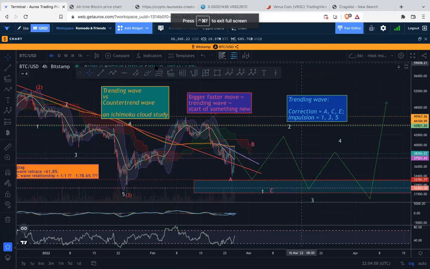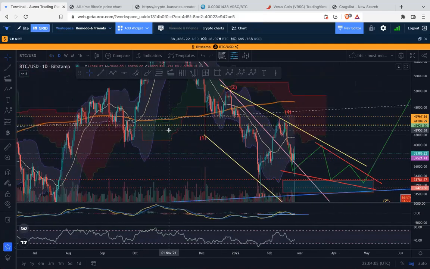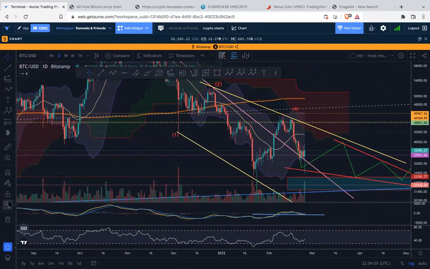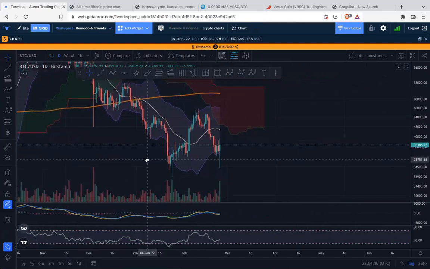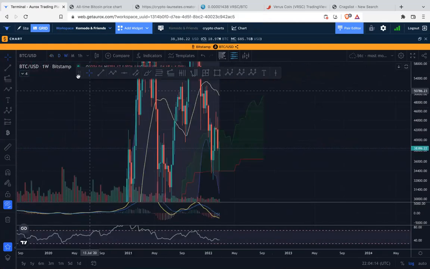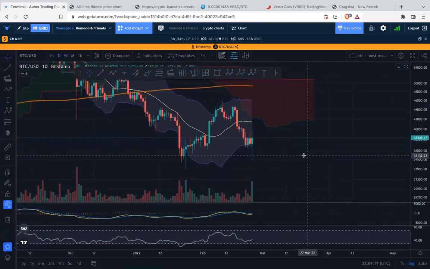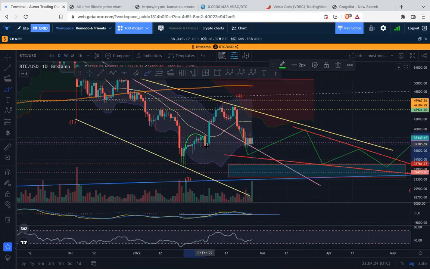Let us go back to the daily and say, okay, on a daily, if we start looking at this price action, I don't know, maybe people are already talking about it, but we're starting to look at something like this. Head and shoulders, is that what people like to look at?